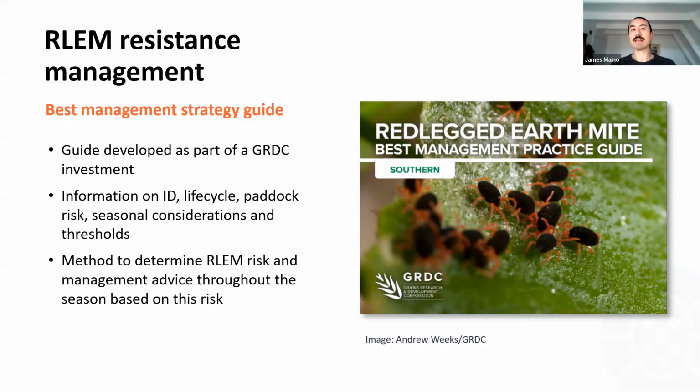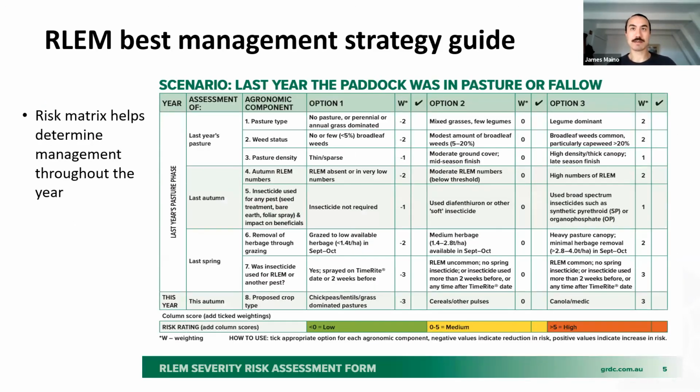To get at this, a method was developed that determined your red-legged earth mite risk based on a number of different growing factors and conditions, and then provided some management advice depending on your level of risk. So here's the risk table, how it looked in the guide.